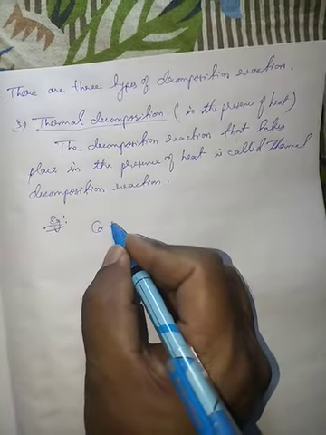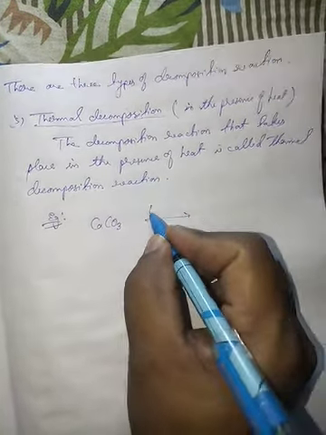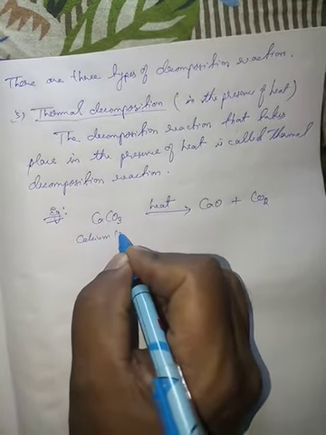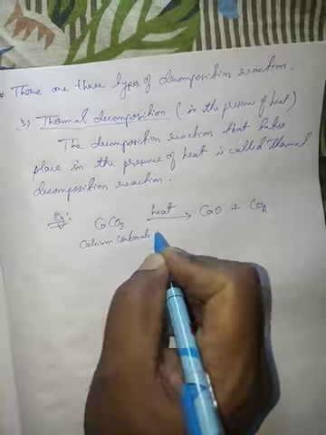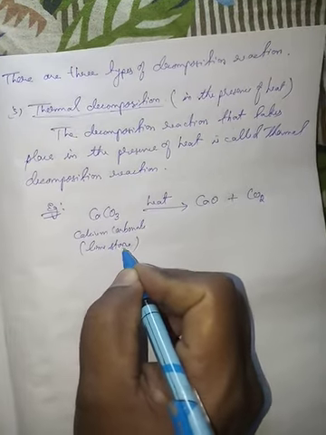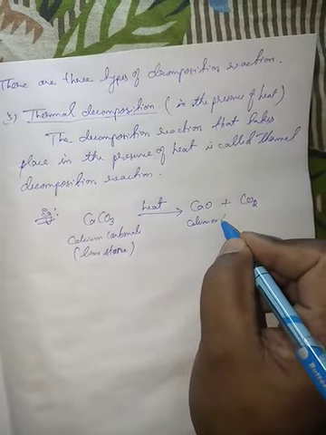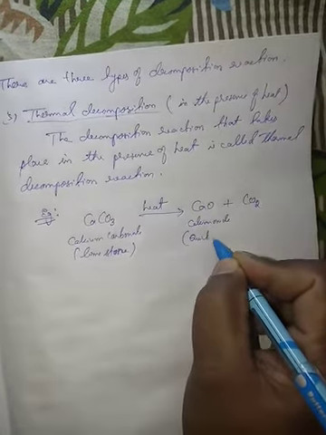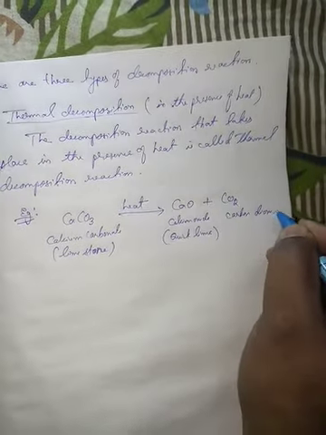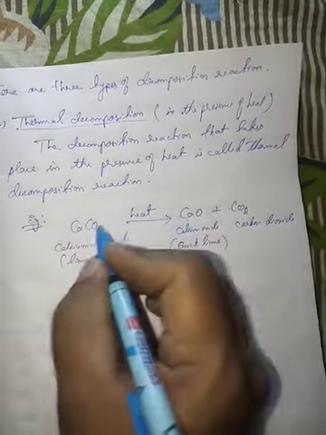Calcium carbonate, or we can say limestone, gives calcium oxide, or other name quicklime, and carbon dioxide. It is a balanced chemical equation: oxygen 3 and 3, carbon 1 and 1, calcium 1 and 1.